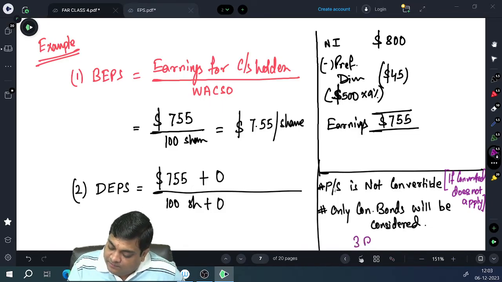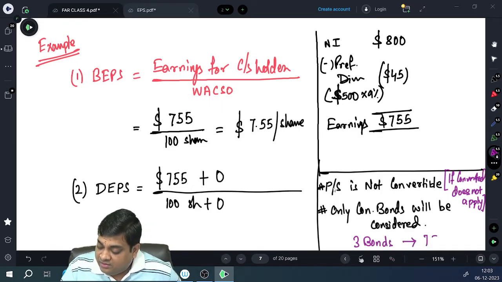Out here, 3 bonds each into 25, 75 common stock.